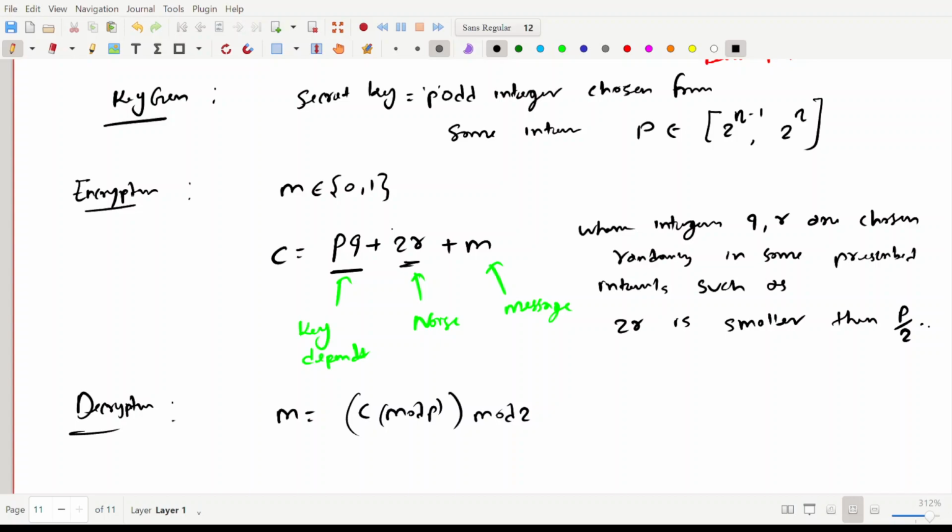That means for decryption, there are only 3 steps. The first is, by using the key, remove the key dependent part. And second is remove the noise.